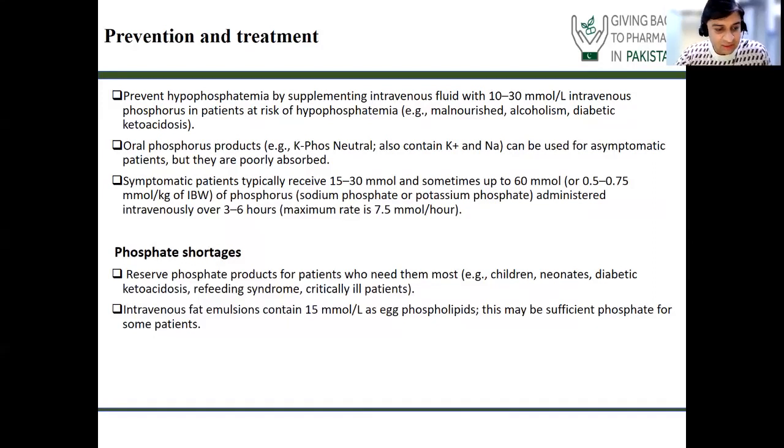Similarly, intravenous fat emulsions contain phosphorus, which is 15 millimoles per liter as egg phospholipids. And in patients who are on intravenous fat emulsions, on TPN, if you do not give additional doses of phosphorus, it may be sufficient in some patients.